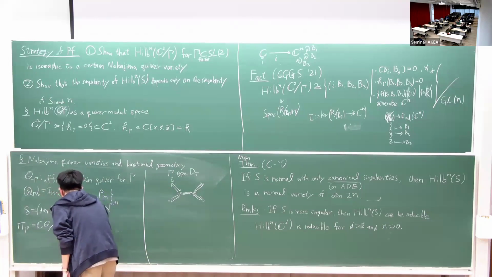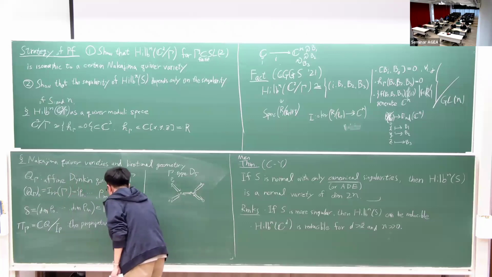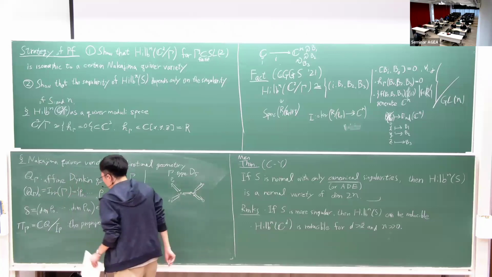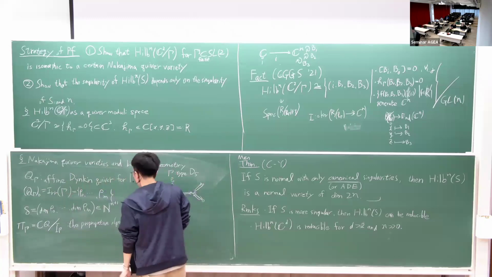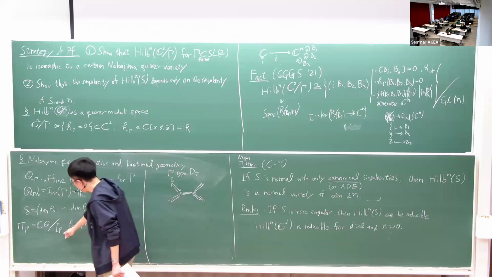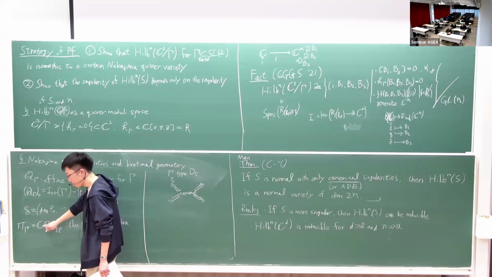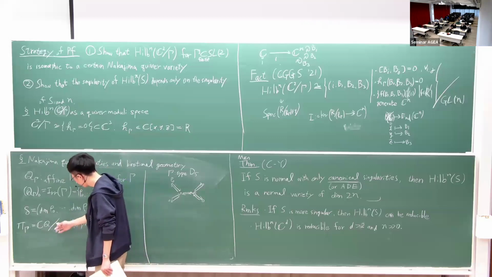This is the so-called preprojective algebra. Basically, CQ is just the path algebra, and I_gamma is the ideal of relations for this quiver.